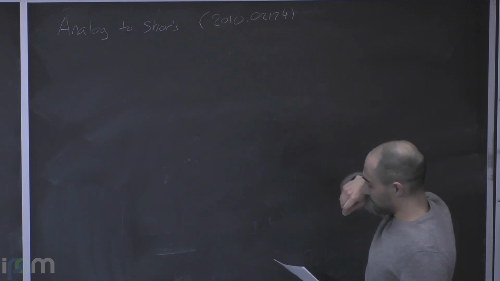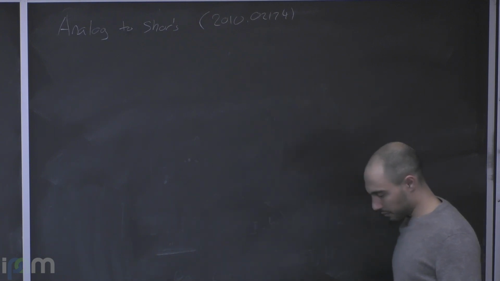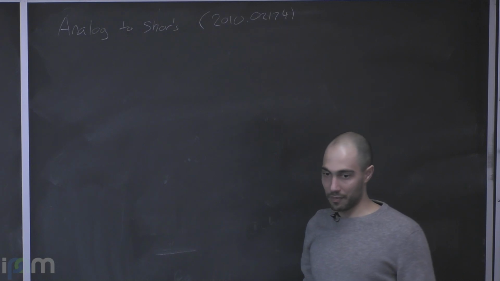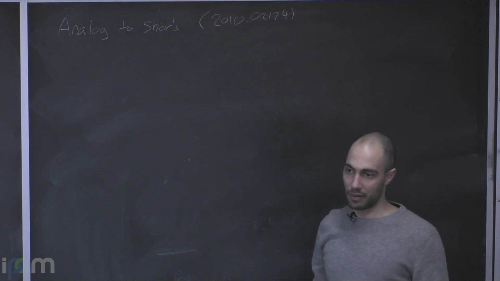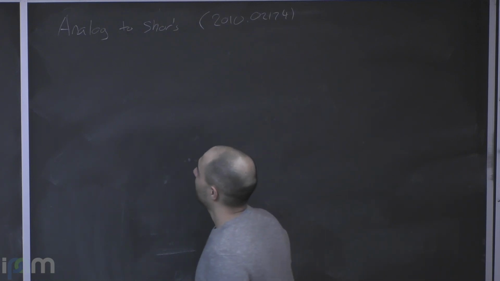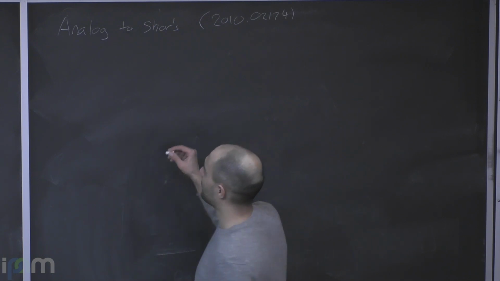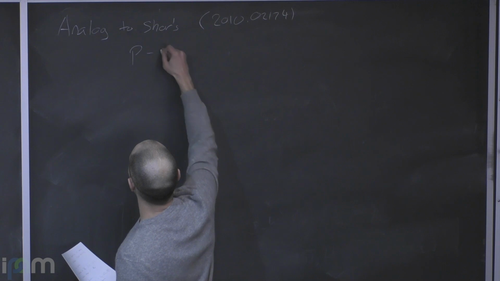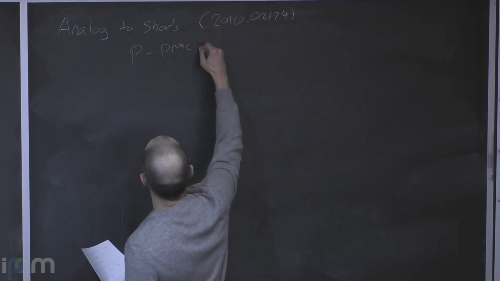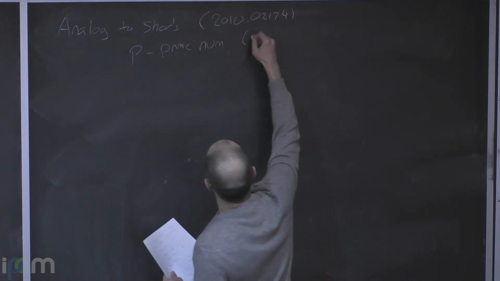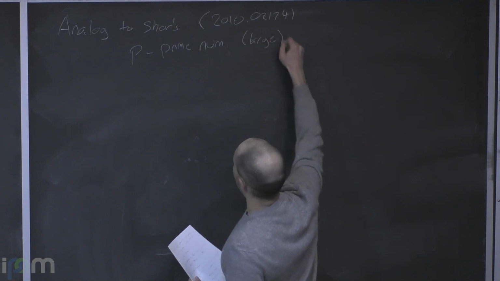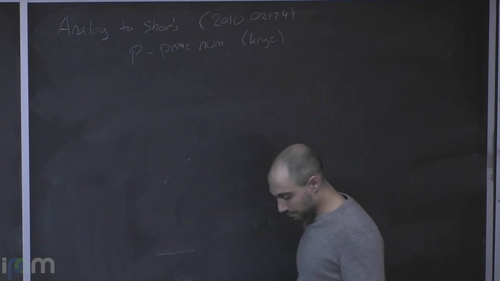What is the learning problem that they prove you can do with a quantum computer and not with a classical computer? The learning problem is basically a discrete logarithm, which is the basis of Shor's algorithm. So you have a prime number, p. Think of a very large number, exponentially large in n.